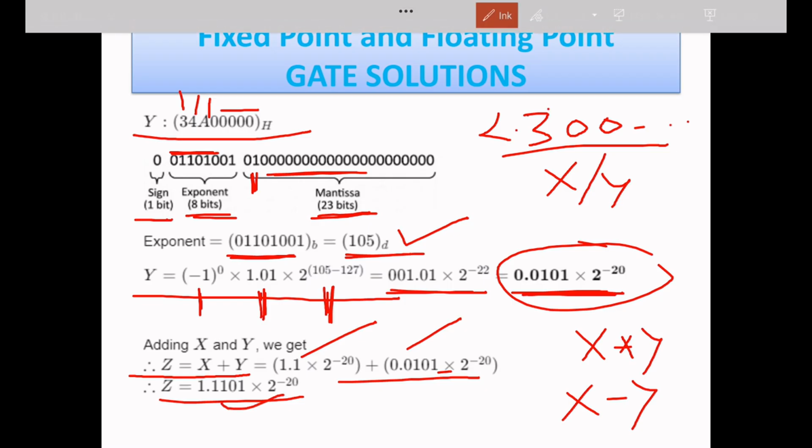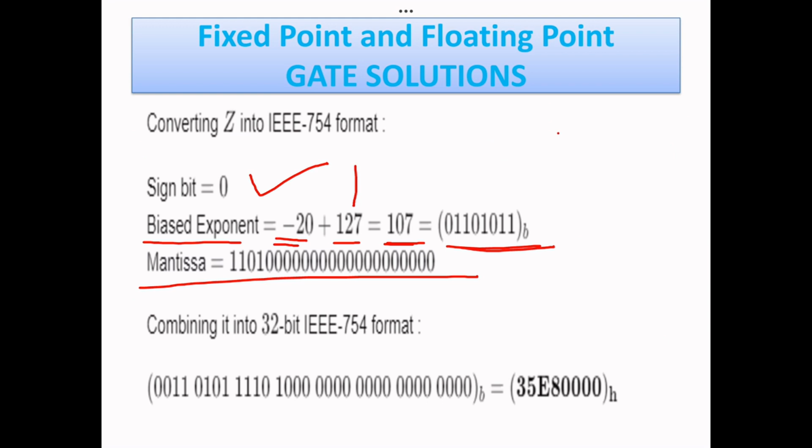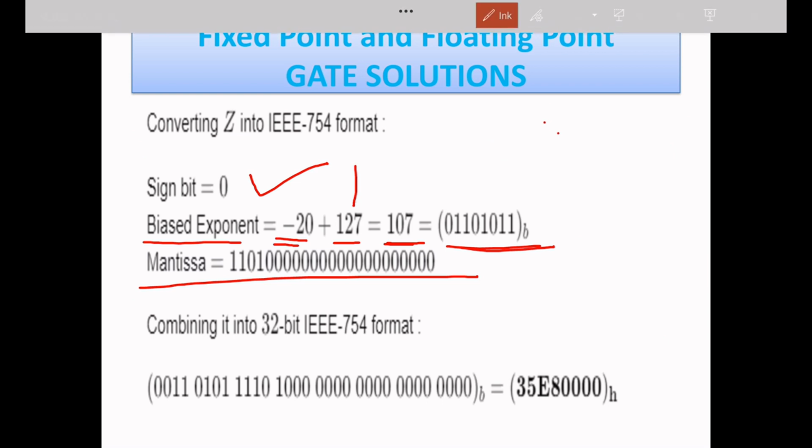This is my z. My z is equal to 1.1101 into 2 to the power 20. So my exponent is 20, and the dot 1101 is the mantissa. Same I am writing here. My 20 is the exponent, I am adding the bias, and this is my mantissa 1101.